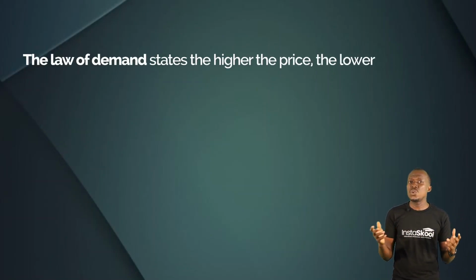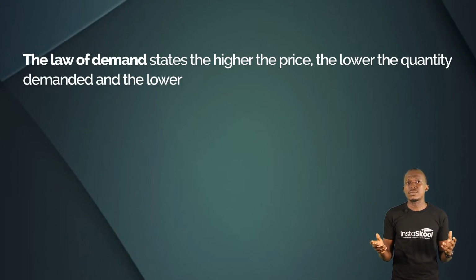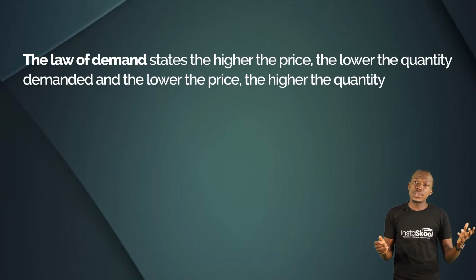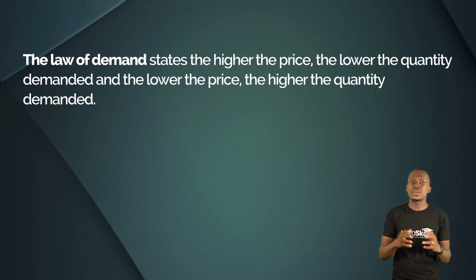The law of demand states that the higher the price, the lower the quantity demanded, and the lower the price, the higher the quantity demanded. This is because when the price of a commodity is low, people are drawn towards that commodity.